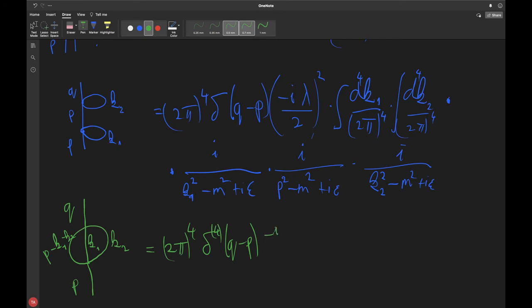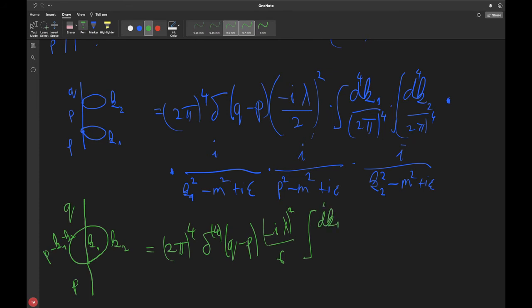We have minus i lambda squared over 6, where that 6 is a contribution from symmetry factors, which I didn't mention so far. There are certain symmetry factors which we need to include. Maybe it's less interesting or important for now.